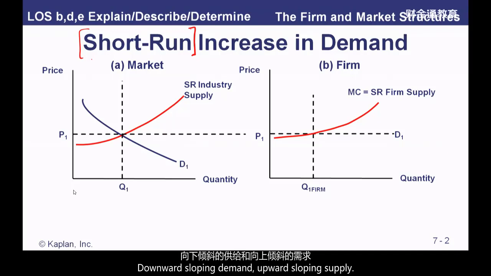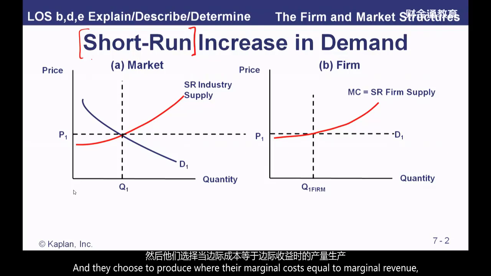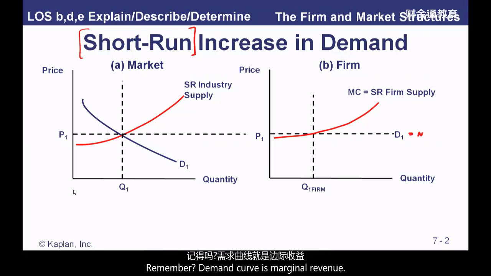Downward sloping demand, upward sloping supply. Initially, that gives us an equilibrium of P1, which the individual firm takes, as a price taker. They take P1 and then choose to produce where the marginal cost is equal to marginal revenue. Remember, the demand curve is marginal revenue. Here's marginal cost, and we produce there.